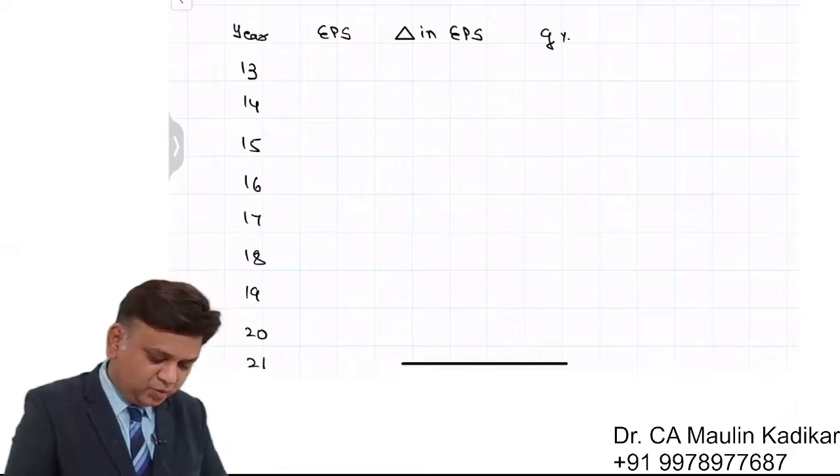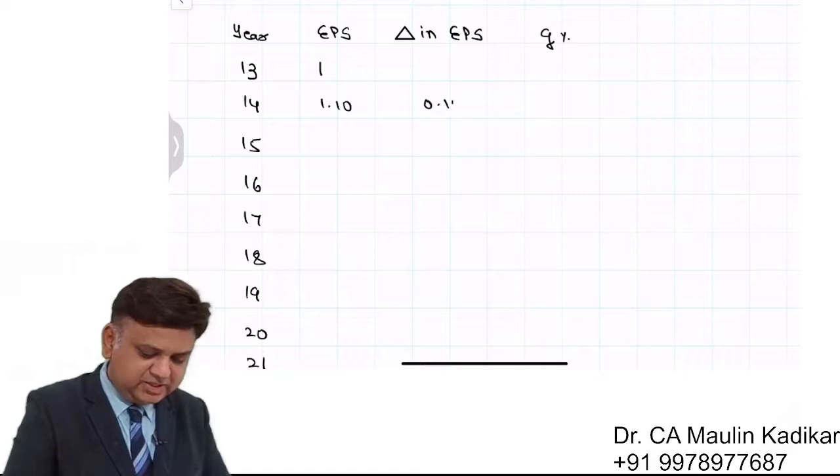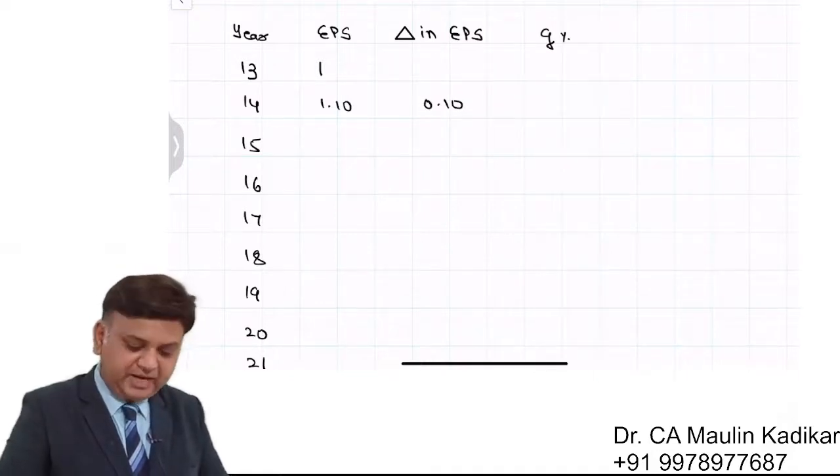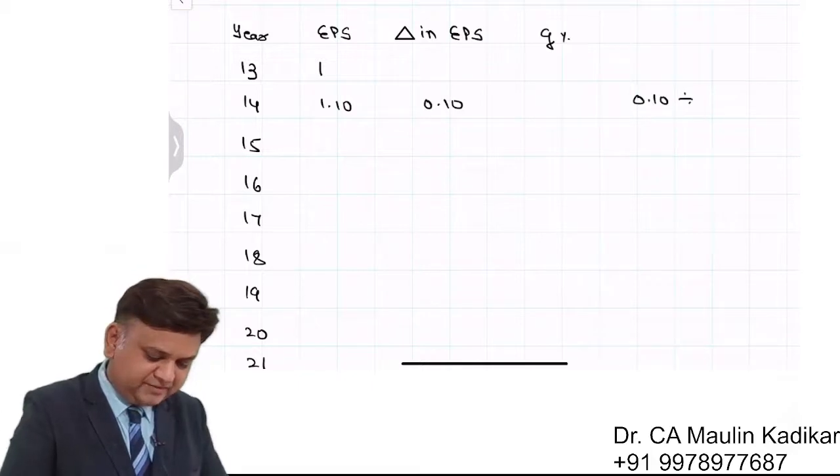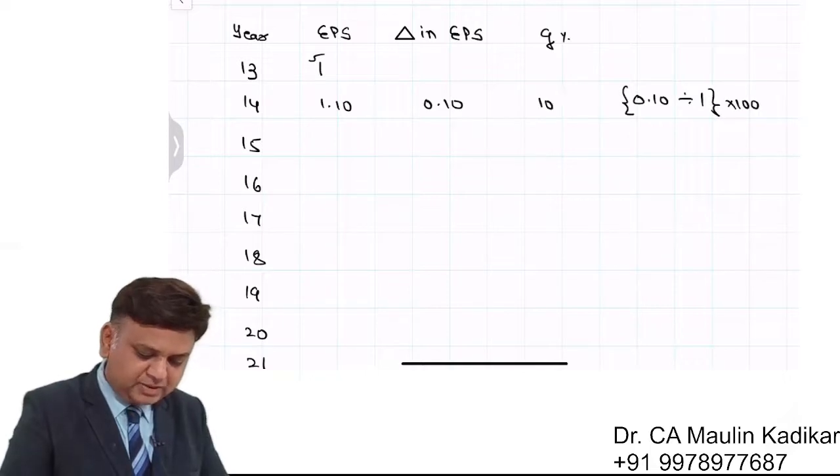Earning per share is 1, then it is 1 rupee 10 paise. So change is 10 paise. And what would be the growth rate? 0.10 divided by 1 into 100. That comes to 10 percentage.